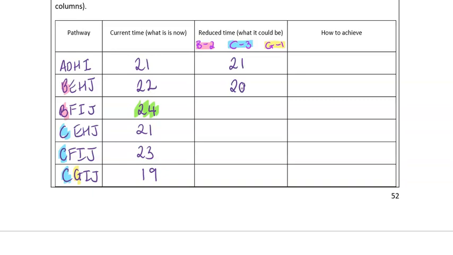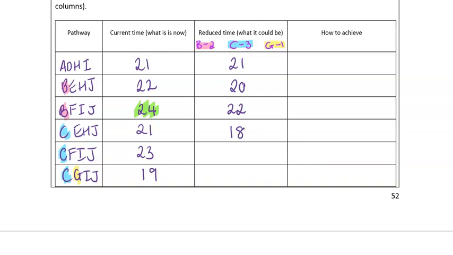For the third pathway, again, we have activity B as part of this pathway. So BFIJ will come from 24 minus 2 from B, so down to a length of 22 hours. C, I can reduce by 3 hours. So the pathway CEHJ will come down to 18, so 21 minus 3.